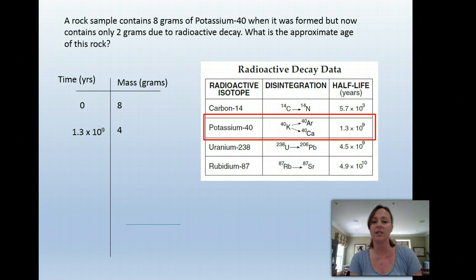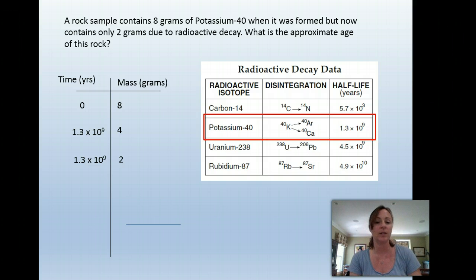But that's not what the question is asking us about. We have to get to 2 grams. So that means this sample would have had to go through another half-life to go from 4 grams down to 2 grams. So if we look, this actually counted up 2 half-lives. We went through one half-life to get to 50%, which was 4, and another half-life to get to 2 grams, which is what we were looking for from our word problem.